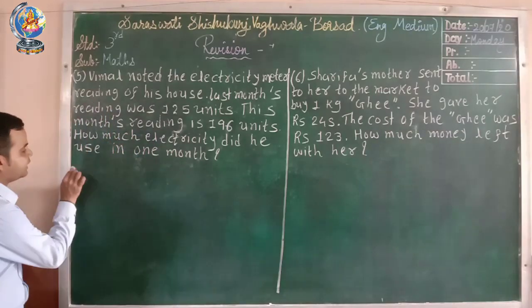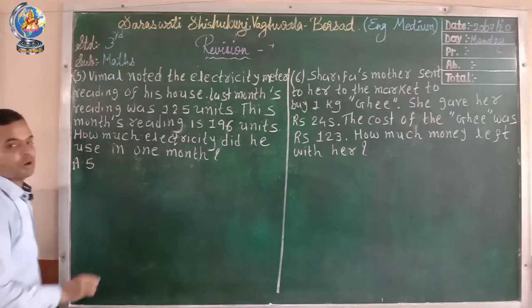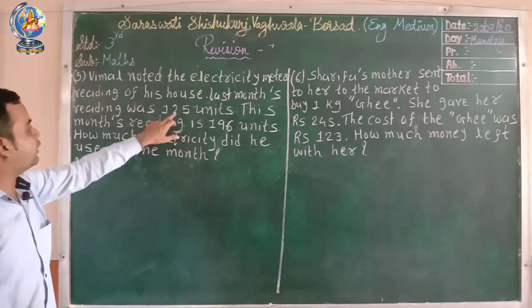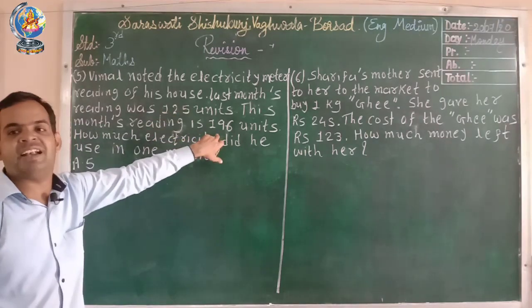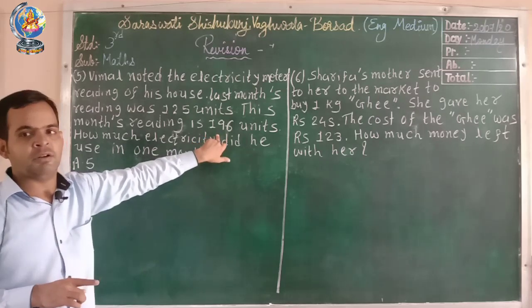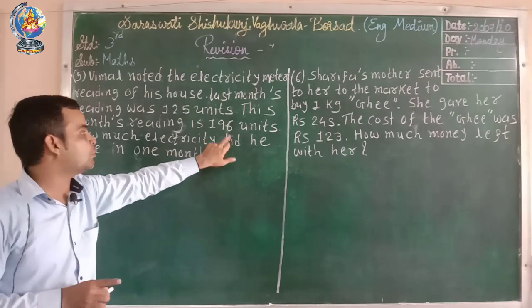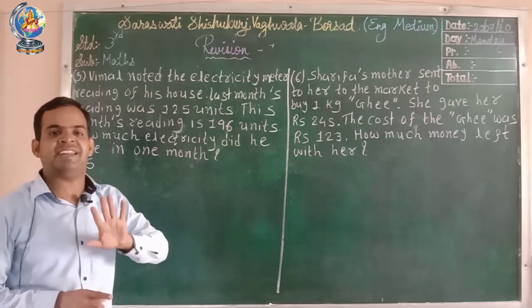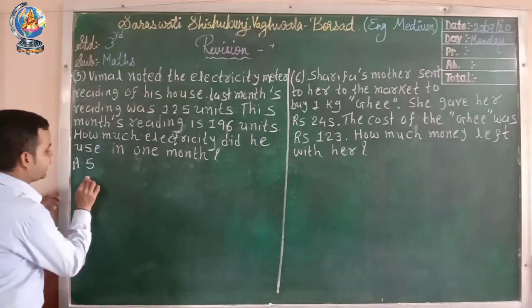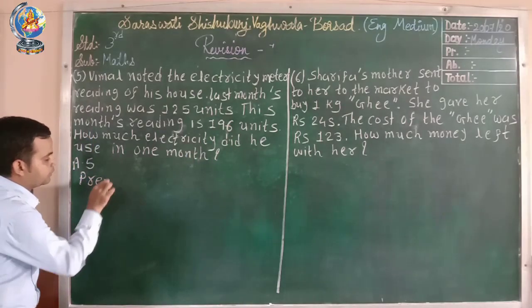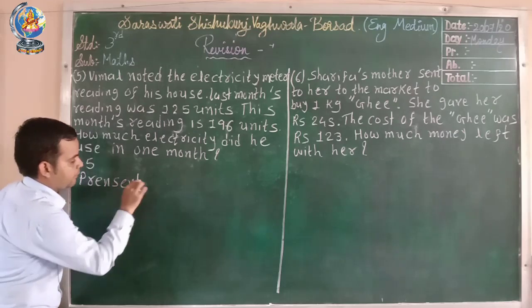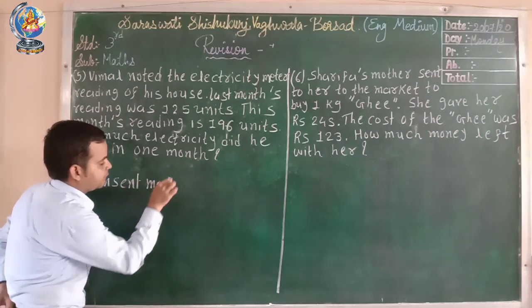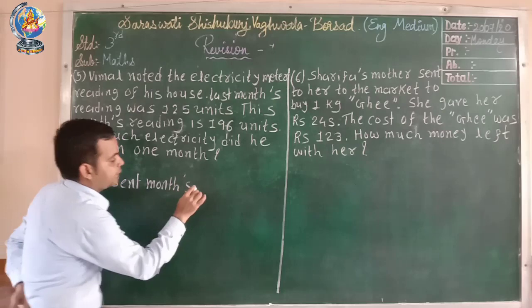First of all, if you notice 125 and 196, which one is bigger? 196. So we write 196 on the top, present month's reading.